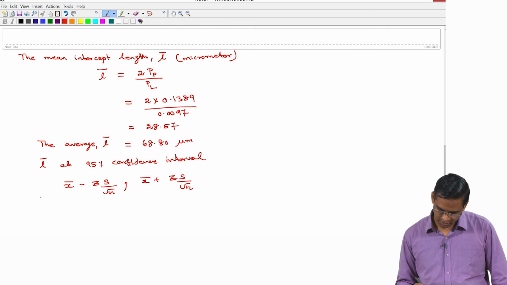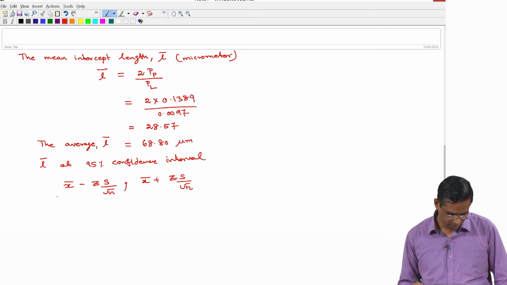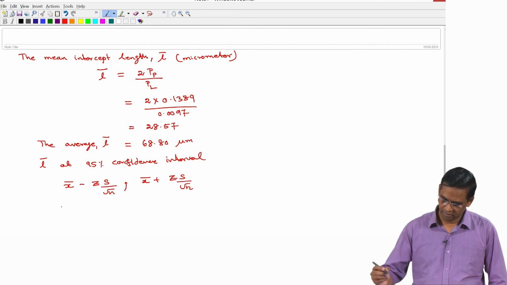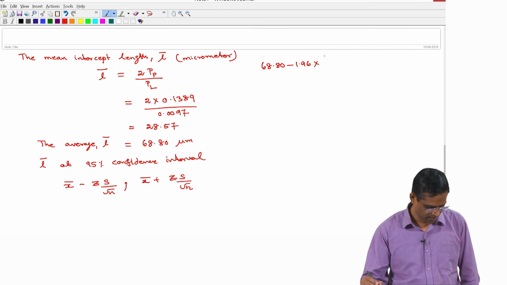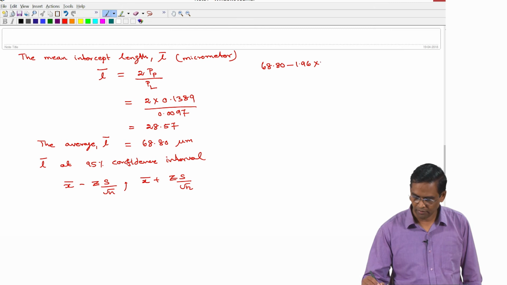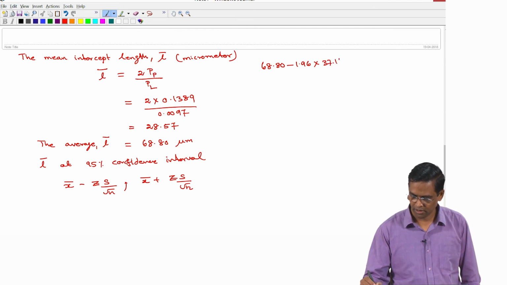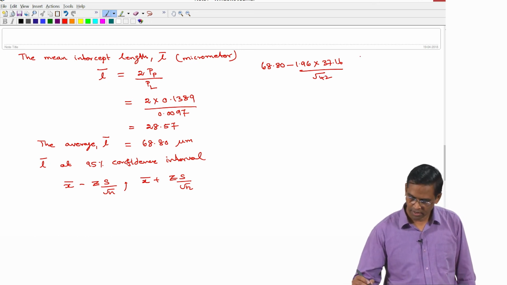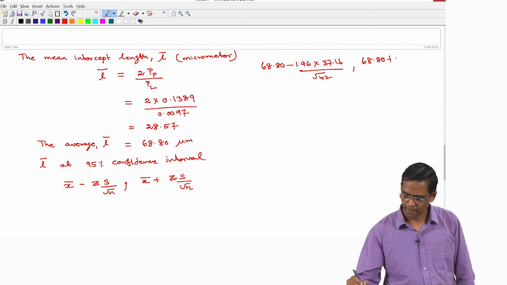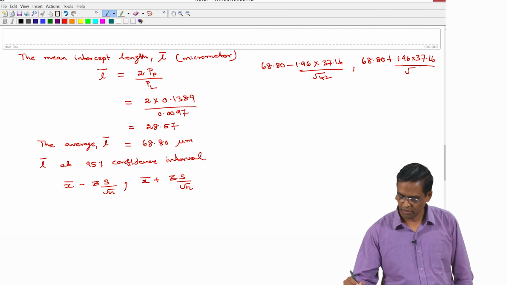If you substitute this, you can write 68.80 minus 1.96 into the standard deviation 37.16 upon the square root of 42, and the other limit is 68.80 plus 1.96 into 37.16 divided by the square root of 42.